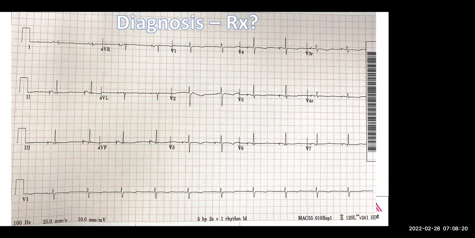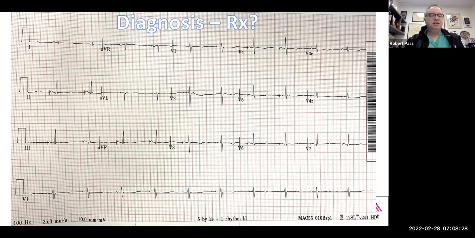Then 11 times. So it's around 440. I don't know the age, but seems fine. I think it's actually a little longer than that. I think it's more in the 480 range, actually. Is this a normal QT morphology? What do you think about this morphology when you're looking at it?